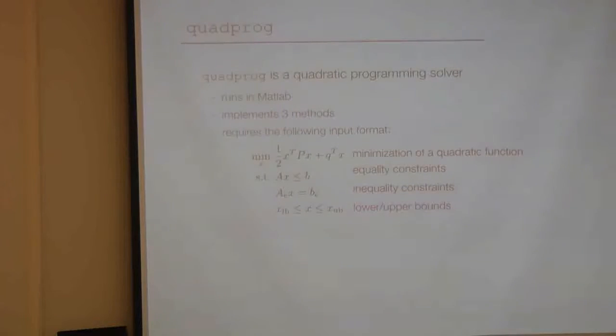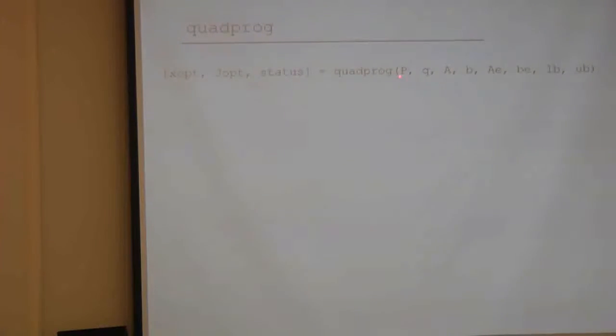You have to be aware of this. We will see in the applications in a second that we have to create this Hessian with the knowledge that quadprog would further divide it by 2. Okay, so that's the Hessian, that's the linear term. We have inequality constraints, equality constraints, lower and upper bounds.